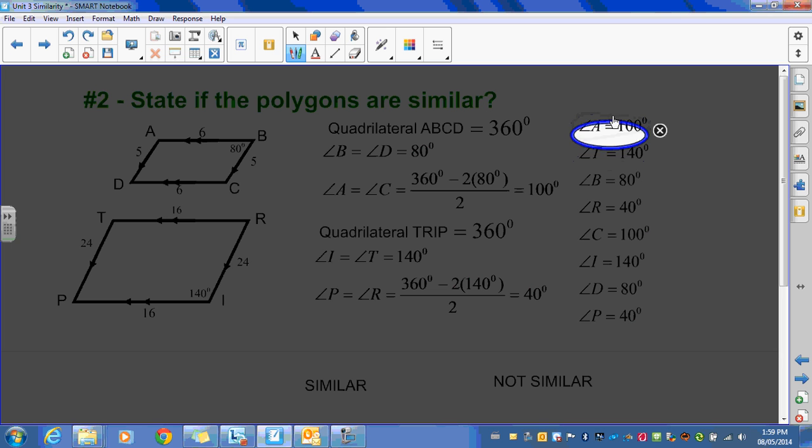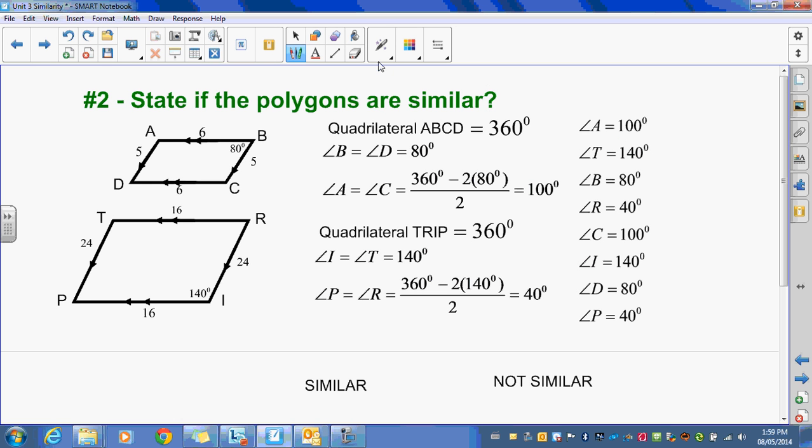Well, we can clearly see that one is 100 and one is 140. So no, those two angles are not congruent.